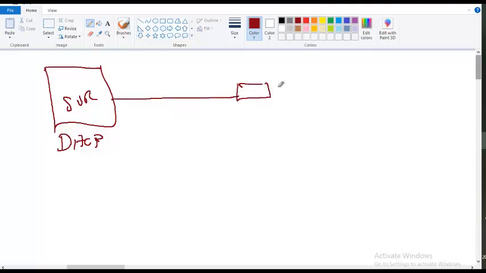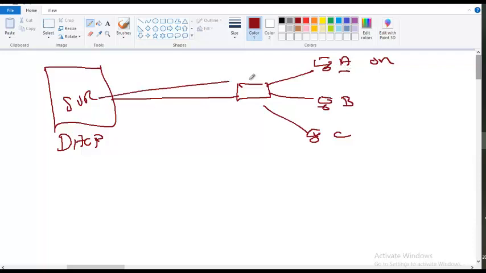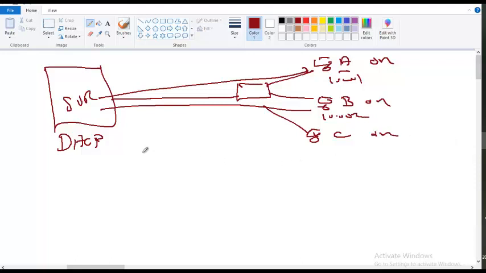For example, here is a computer just turned on. Computer A is just turned on. As soon as you turn it on, it gets an IP address from the DHCP server, like 10.0.0.1. As soon as you turn on this one, the server gives 10.0.0.2. As soon as you turn on this, the server gives 10.0.0.3.